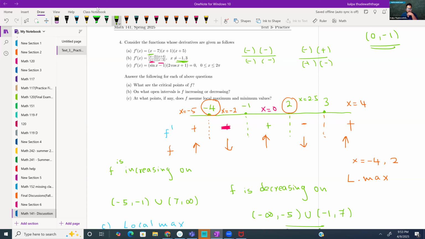If I plug -5, what happened really? I'm talking about the first derivative. -5 gives me minus, and this is minus, all minus, this is correct, plus is okay. If I plug something greater than -2, it gives me minus, plus. -2 will give me minus, minus.